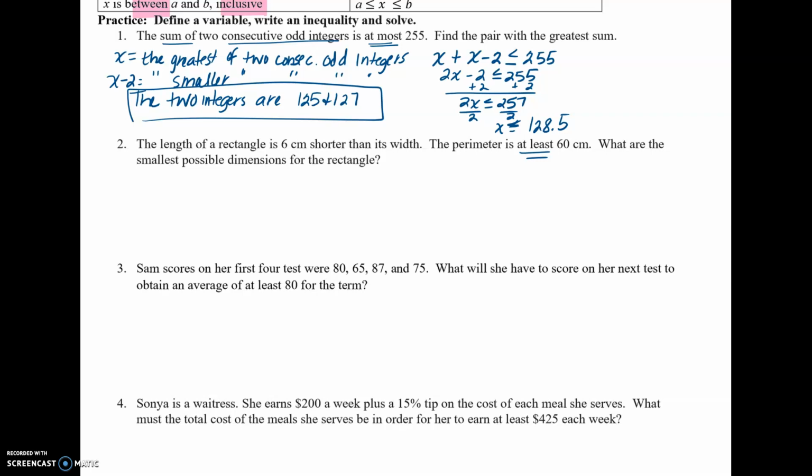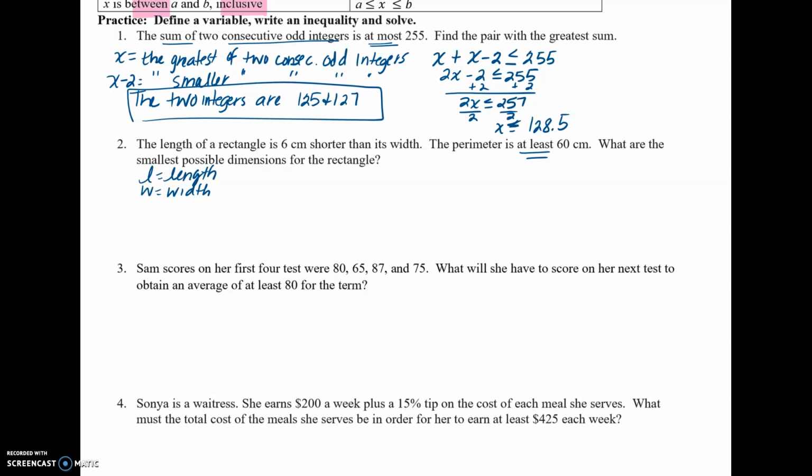All right. So let's look and see what it's saying here. The length of the rectangle is 6 centimeters shorter than it is wide. So we'll let L equal length, and of course, W is going to be width.